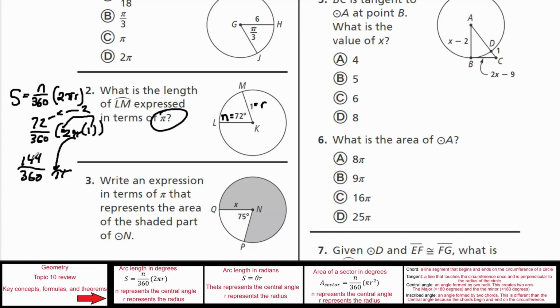These are both divisible by 12. 12 times 12 is 144, and 360 divided by 12 is 30. That's still further divisible by 6 to be 2/5 pi. That definitely isn't going anywhere. Those are both prime numbers. So I'll have a final answer of 2/5 pi for this one.